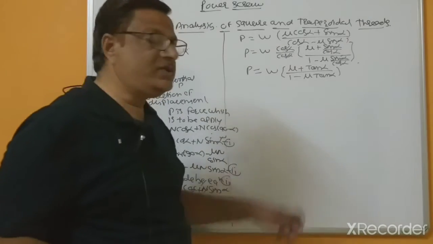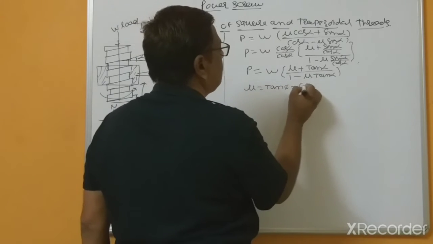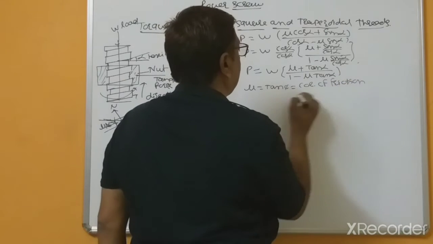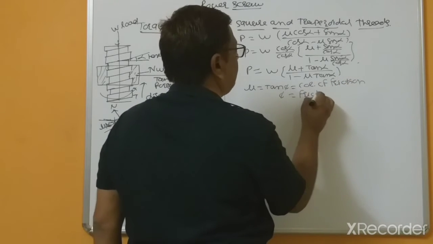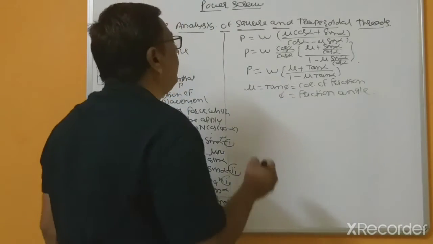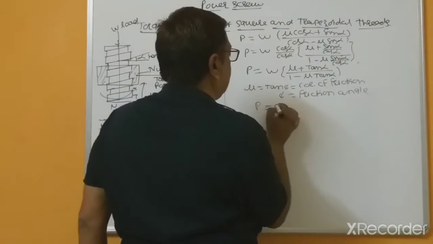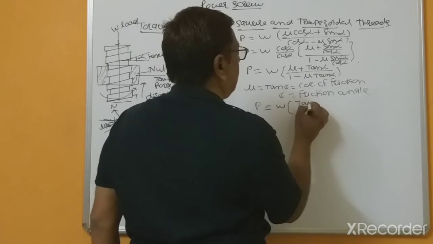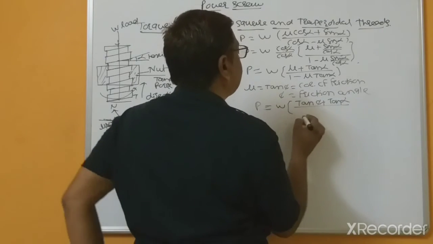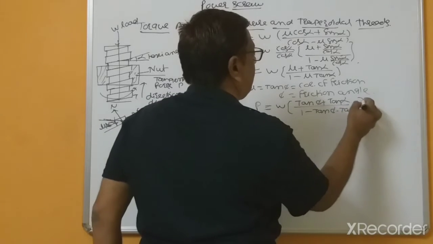Now mu is the coefficient of friction, equal to tan phi, and phi is the friction angle. So by putting this in, P equals W into tan phi plus tan alpha divided by 1 minus tan phi tan alpha.